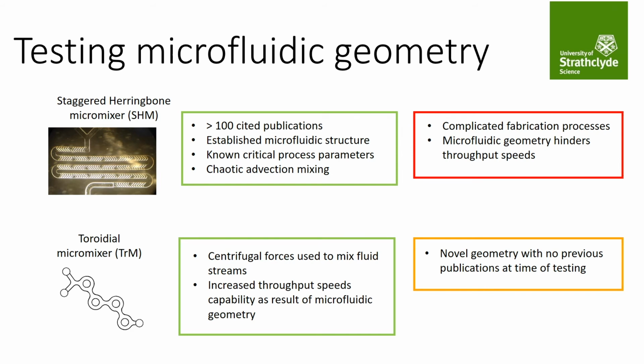So, in order to address this, an alternative design based on our toroidal micromixer was developed, and this offers the potential for higher throughput of the formulation by creating chaotic advection through an increased number of vortices and centrifugal forces between the columns of the cartridges, which allows for these higher speeds to be obtained.